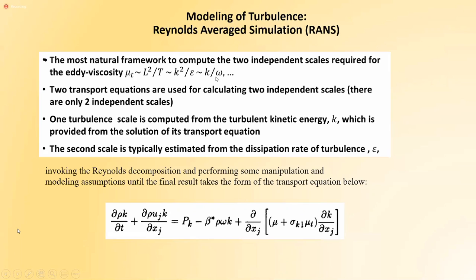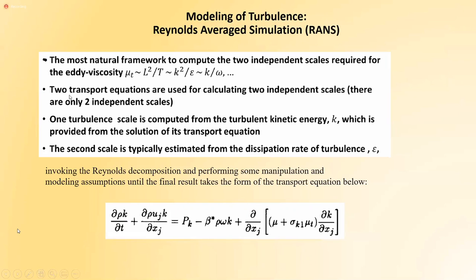It doesn't matter. But if we have two equation models, then we call it closed. Why? Because we don't have to guess any. In the past, they were using mixing length models, one equation models. In each of them, you had to somewhat guess and then calibrate a model per area for some length scale. Here you have two transport equations.